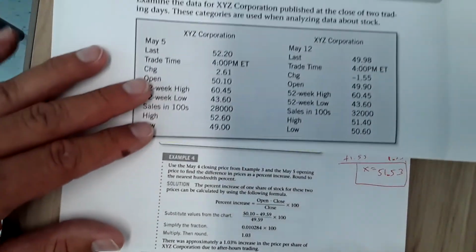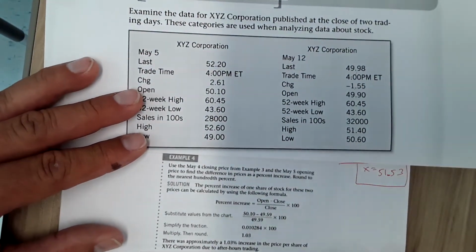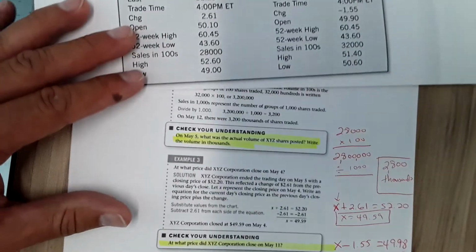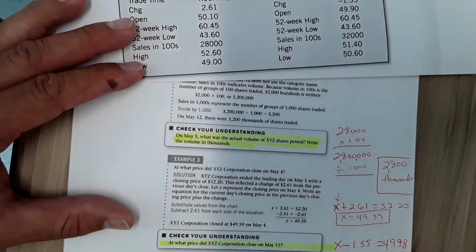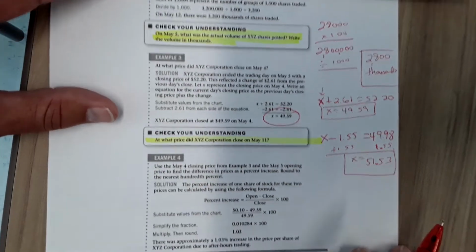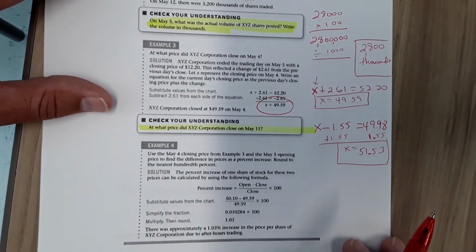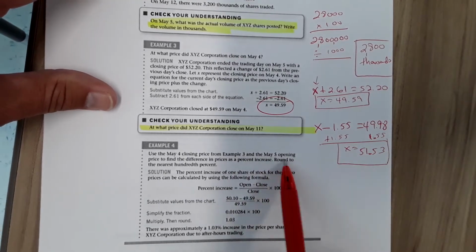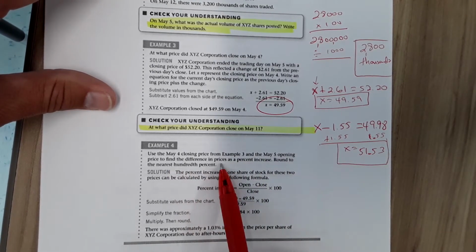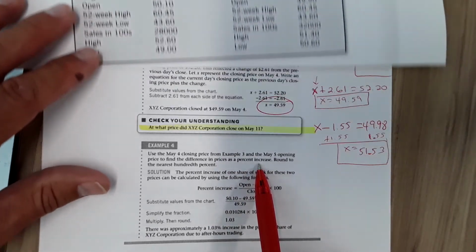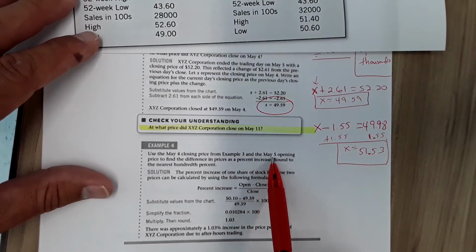Okay, moving on. Use the May 4th closing price from example 3. That's this one, $49.59. Use the May 4th closing price from example 3 and the May 5th opening price to find the difference in prices as a percent increase. So I need the May 5th opening price.